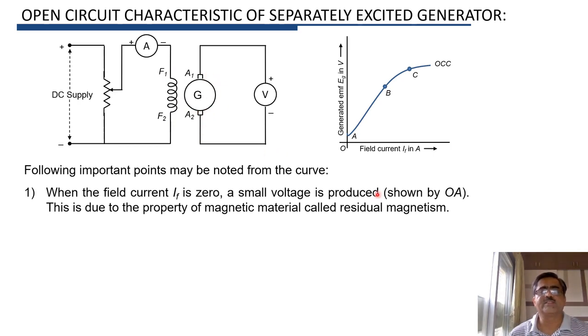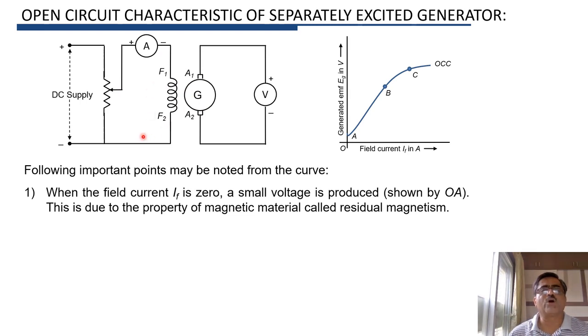But in this case, even if the field current IF is 0, the generated EMF is not equal to 0. When IF is 0, the generated EMF is equal to OA. So a small EMF OA is induced in the armature even if the current in the field winding is equal to 0.